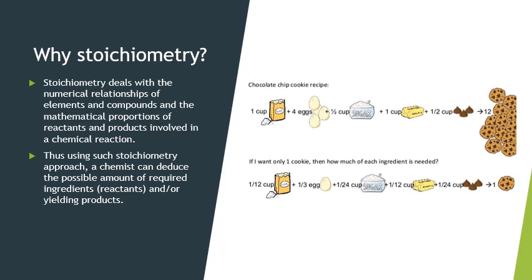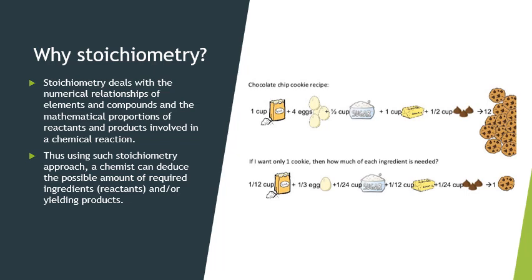Basically, stoichiometry deals with the numerical relationships of elements and compounds and the mathematical proportions of reactants and products involved in a chemical reaction. Just look at the diagram. Here you can see recipe ingredients are given for the chocolate chip cookies, right?